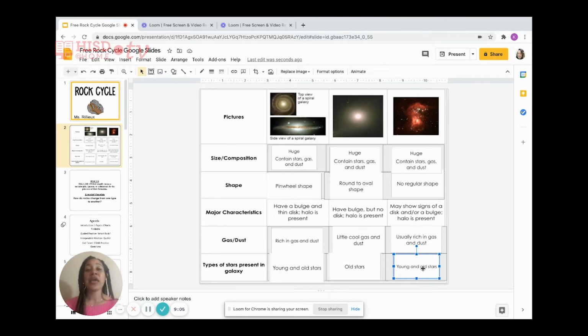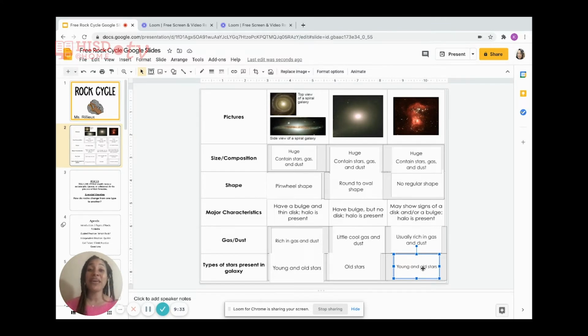So irregular galaxies are composed of both young and old stars, because whenever you make an irregular galaxy, it comes from different galaxies clashing, and those galaxies that clash contain sometimes old stars, sometimes young, sometimes both, and the irregular galaxy gets whatever is left over in the crash. So irregular galaxies also contain young and old stars.